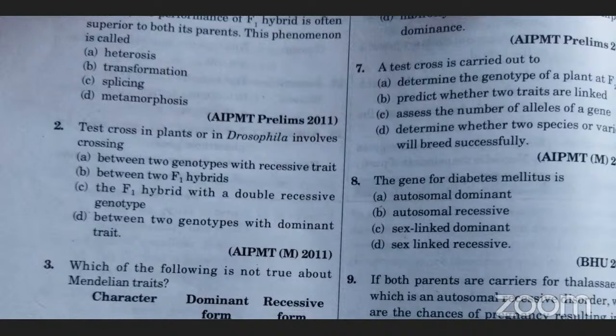You must prepare a question bank like this, and after that discuss it. You should understand the questions first, and only after that see the options. Many students first look at the options, and if you see the options first, surely it will cause confusion.